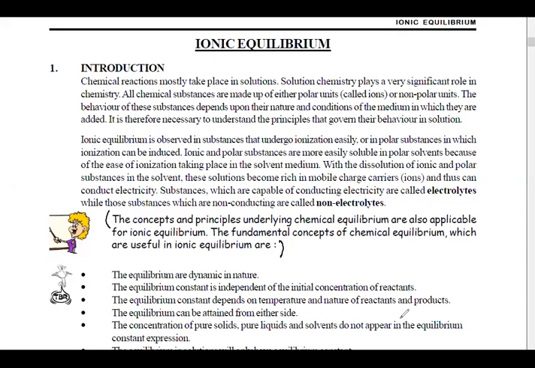Even though the nature of the reactant is changed, the definition of equilibrium itself will be the same, because only the nature of the reactant is changing. Instead of molecules like O2, N2, you have ions like Na+, OH-, H+.